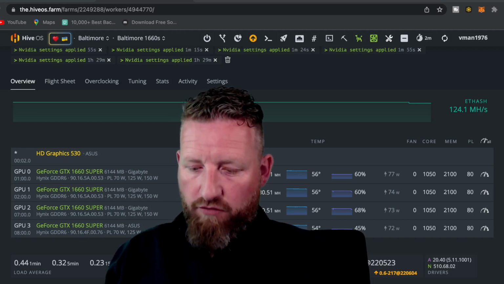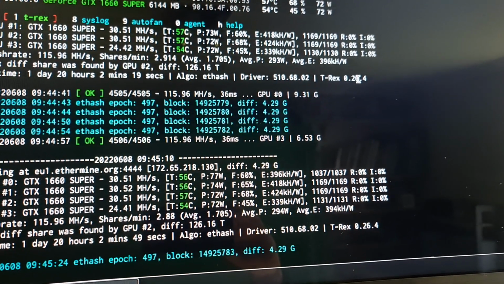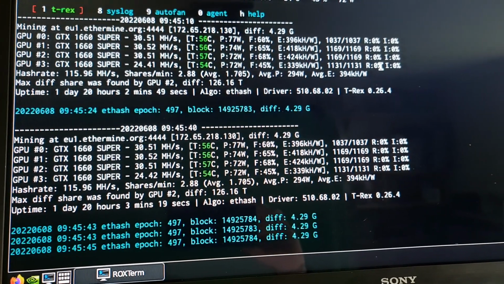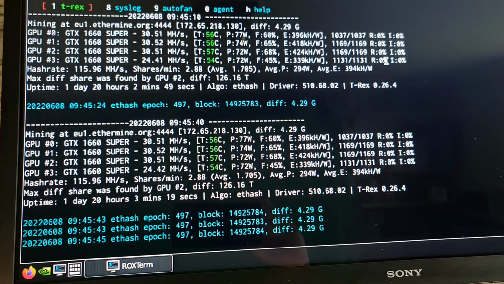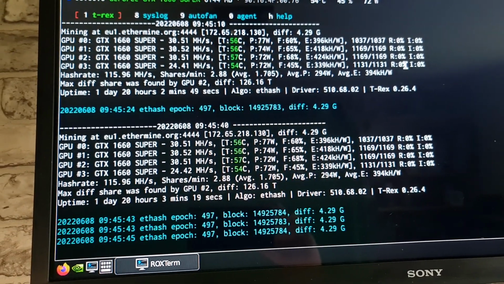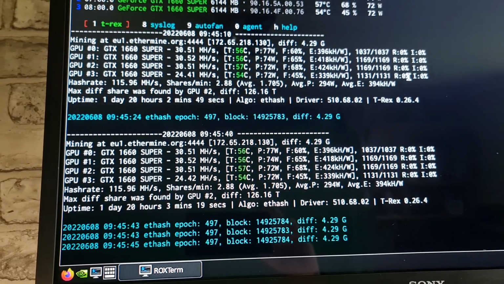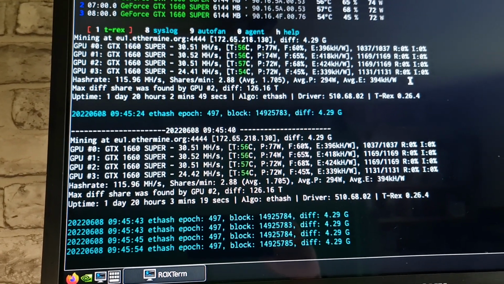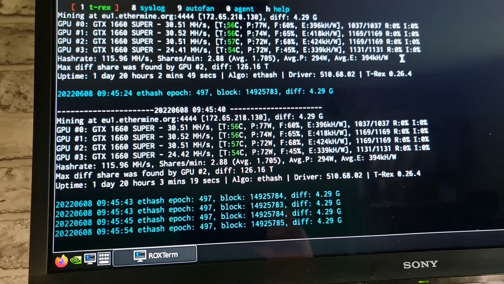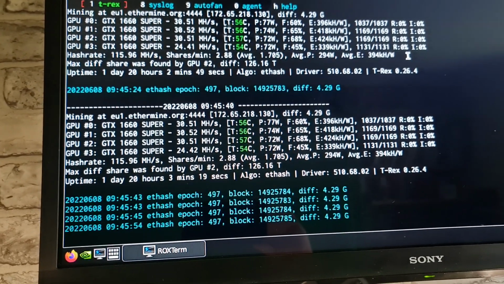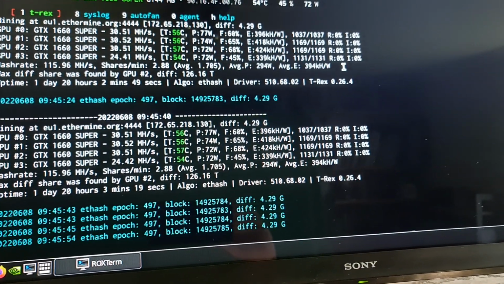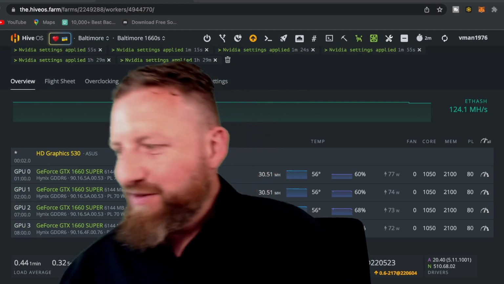So looking there right now, the average is 394 kilohash per watt, which is rubbish compared to where we were. So we've got 396, 418, 424, which is all a drop, and 339, terrible from the ASUS. So we need to do something about that, don't we?